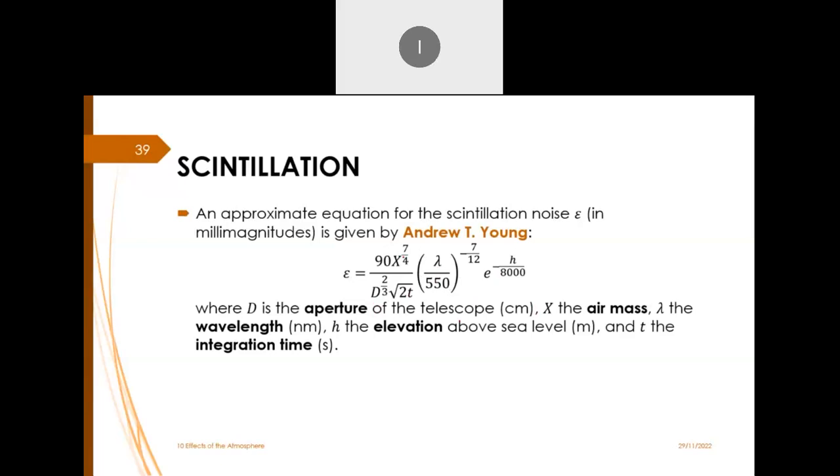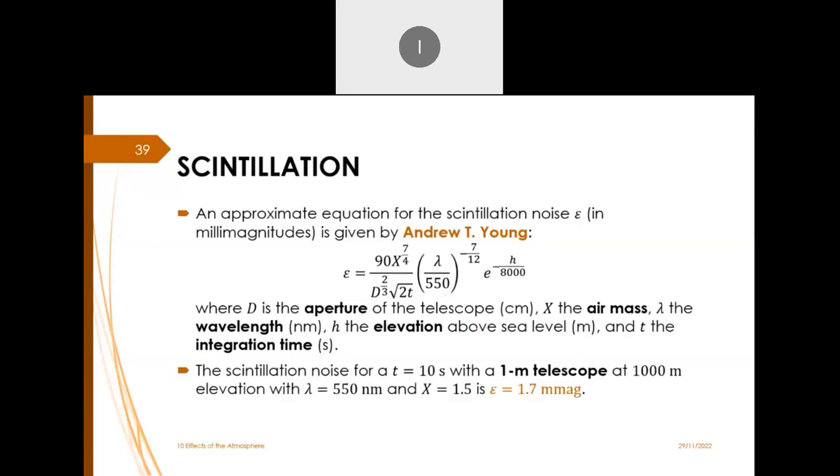X is the exponent, lambda is the wavelength, h is the elevation, and m is the height above sea level. T is the integration time in seconds.